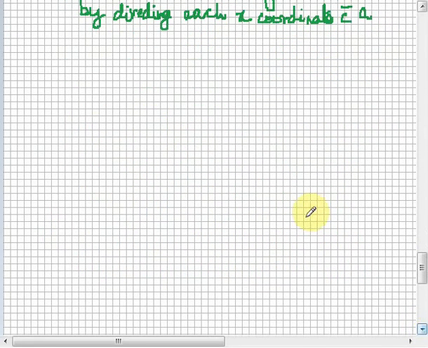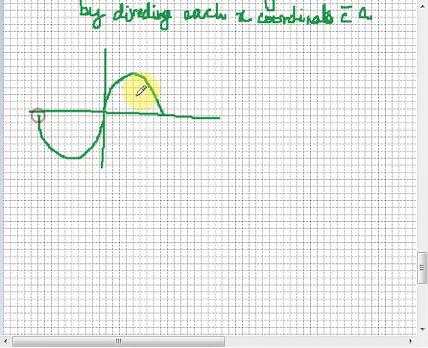What we have seen till now are all graphs, but I will explain what horizontal compression is. Suppose this is our original graph, then what will be the graph of f(cx), c greater than 1?